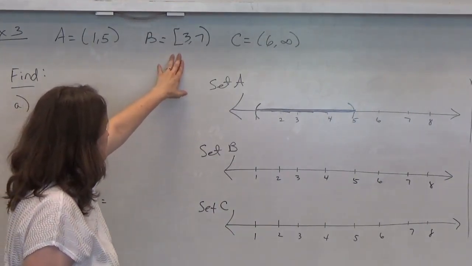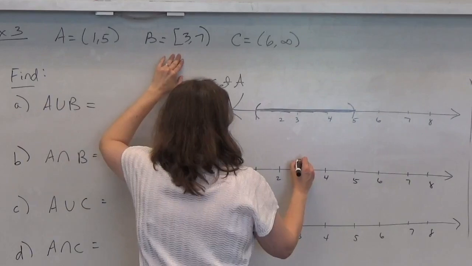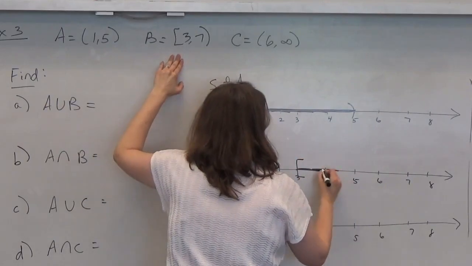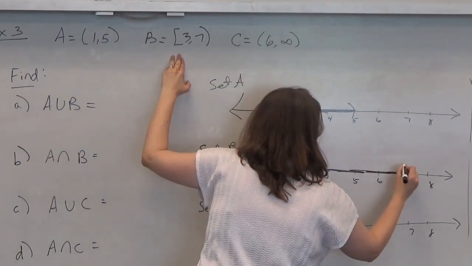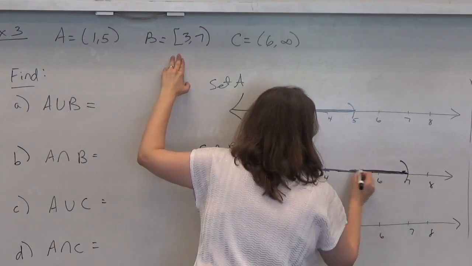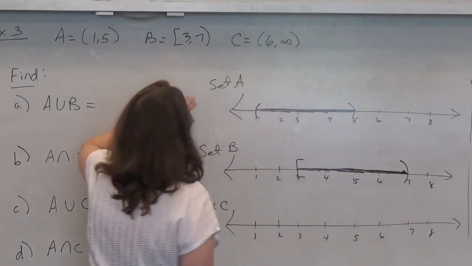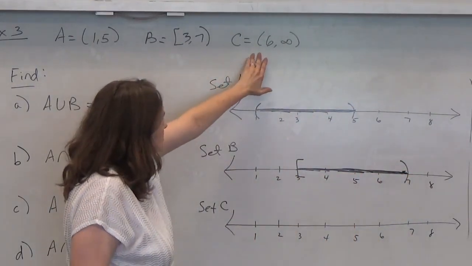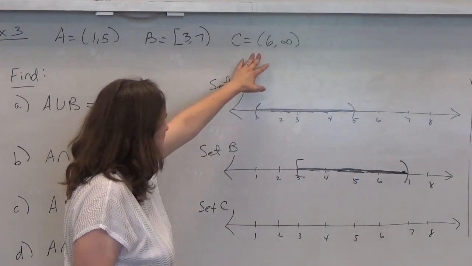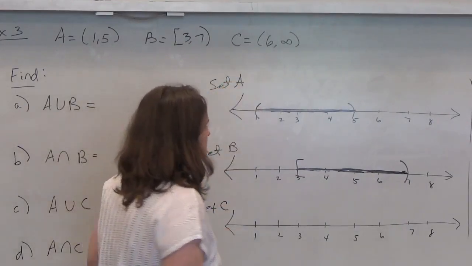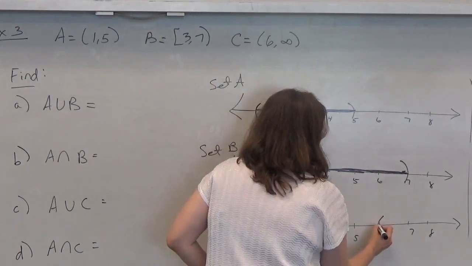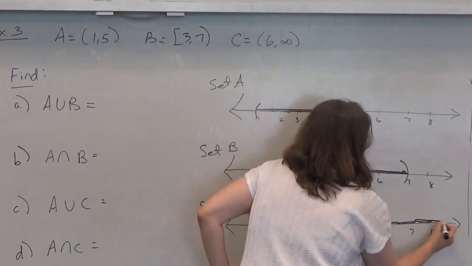I need to include the 3, but not the 7. Square bracket at 3, shade all the way up to 7, and put the round parenthesis on 7. Set C is everything from 6 to infinity, and 6 is not included. So parenthesis at 6, shade everything to the right, positive infinity.